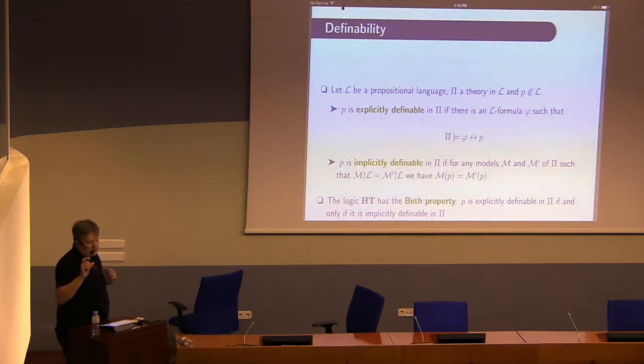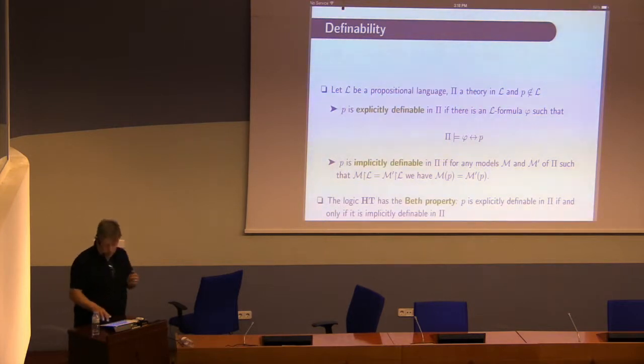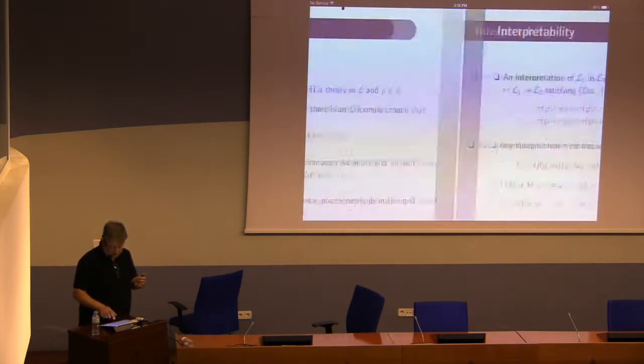That means P is implicitly definable. And there's a famous property in logic which says that if you're lucky, your logic has the Beth property, which tells you that things are implicitly definable if and only if they're explicitly definable. Not all logics have it. Some of the logics people use in ontologies, for example, don't have this property.